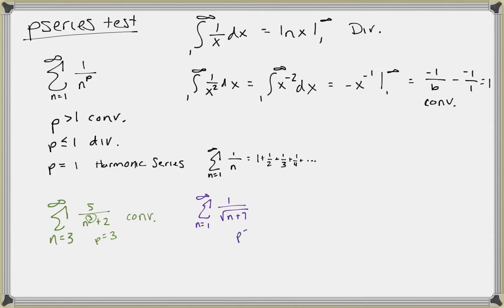So that is a power that is smaller than 1. So here we're going to have a divergent series. So look for this power rule. Now this would only work if it's just a constant number in the numerator. If there are any n's in the numerator as well, this will not work. This is only if it is a constant number in the numerator.